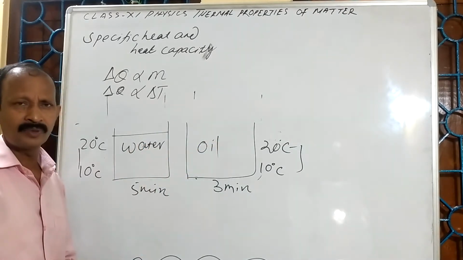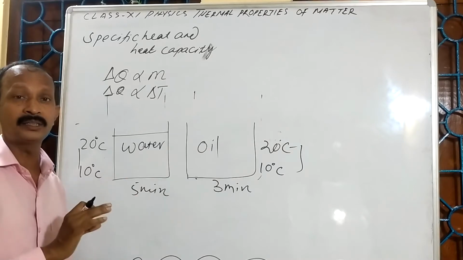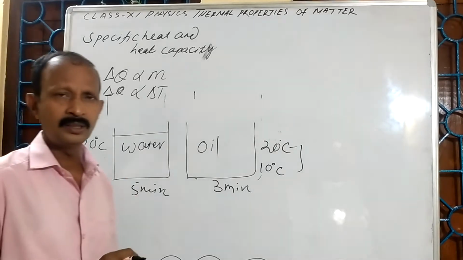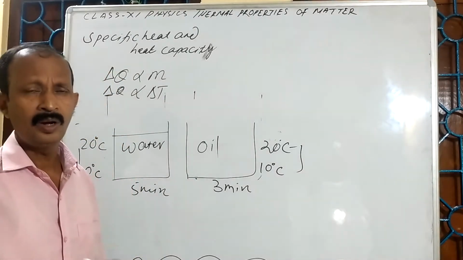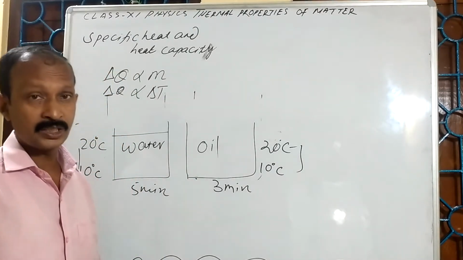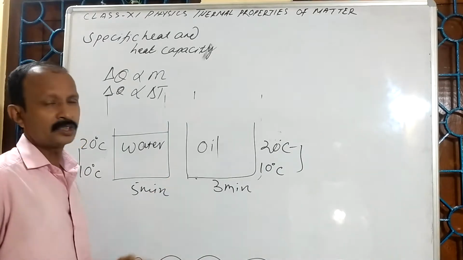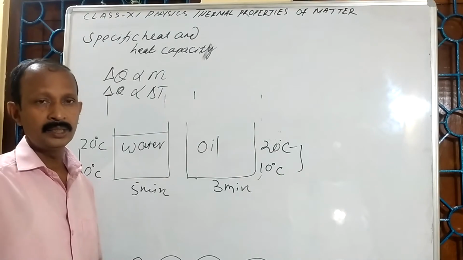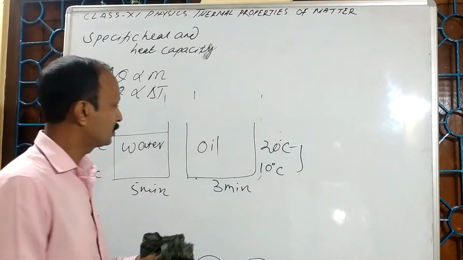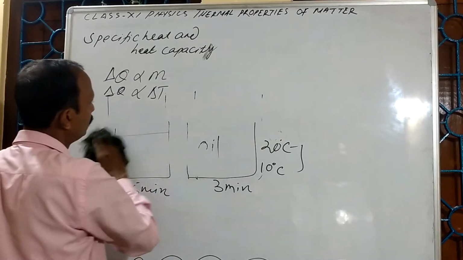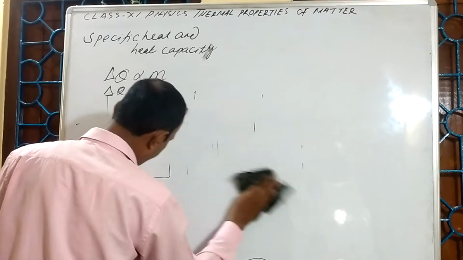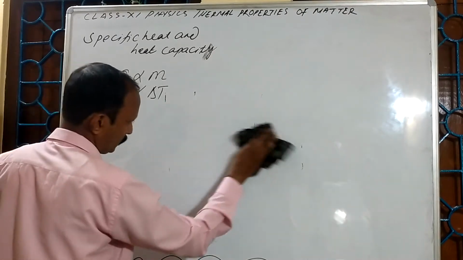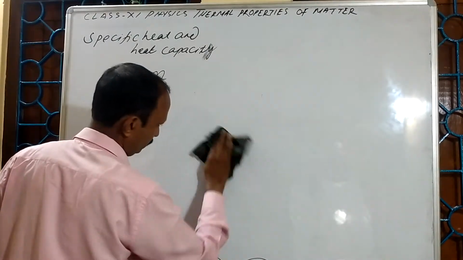Temperature change same, but the heat requirement different. That means transfer of heat, or the heat absorption or heat rejection, depends upon the nature of the substance. So I can say heat depends upon the mass, heat depends upon the temperature, heat depends upon the nature of the substance.